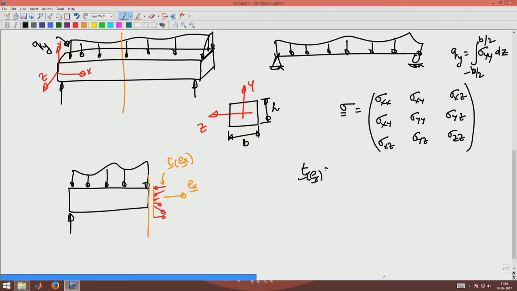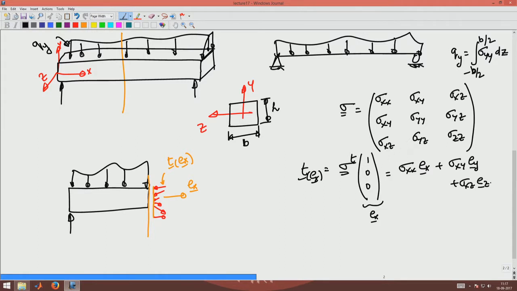T^(Ex) would be that stress acted upon by (1, 0, 0), that is the Ex vector. Stress is symmetric, so I drop the transpose, or else I will have a transpose there, okay. So, now this will result in sigma xx Ex plus sigma xy Ey plus sigma xz Ez, okay.